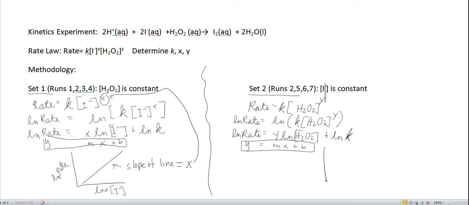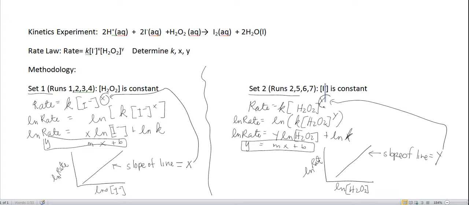So if we do the ln of rate versus the ln of the concentration of H2O2, we get again a straight line going up, and then the slope of the line is equal to y, and that y is that y that we are looking for. So that is the methodology that we are going to use.